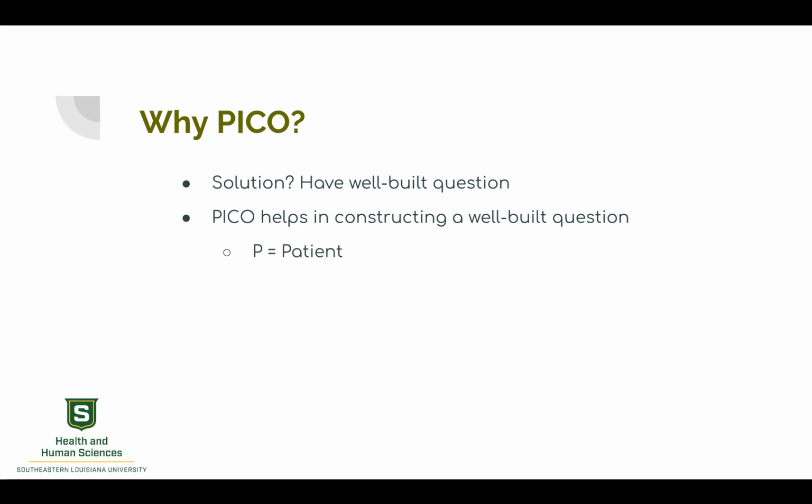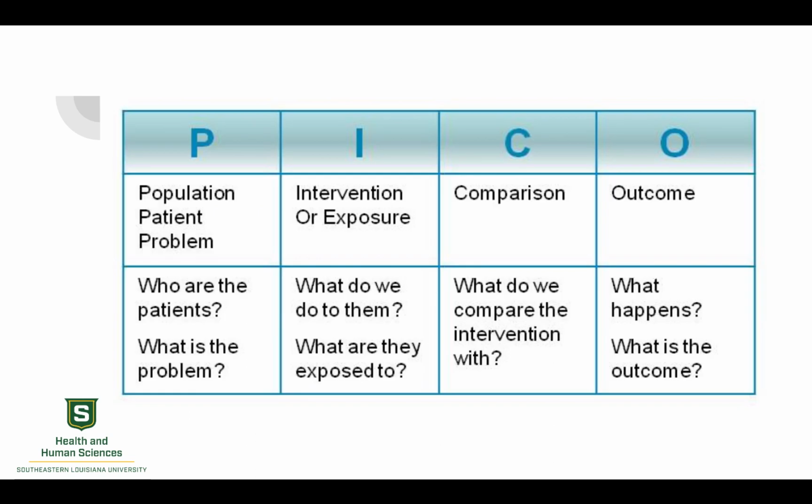PICO stands for P is patient or population, I is intervention, C is comparison, and O is outcome. This is a general explanation of what PICO is. Some of the questions it could be asking: who are the patients? What is the problem?